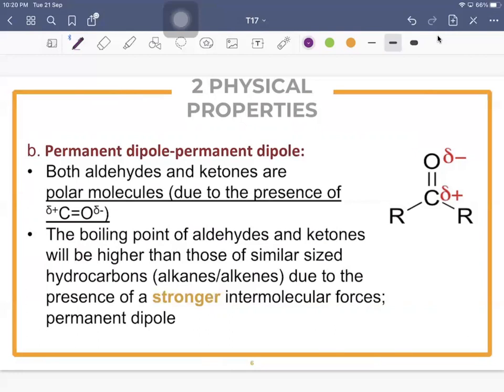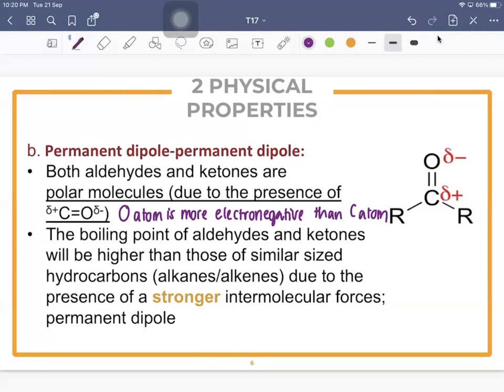So we are going to visit this later on, but for now, you can say that the oxygen atom is more electronegative than carbon. Therefore, oxygen would develop a slightly negative charge, hence delta minus, and carbon will be slightly positive, hence delta plus.